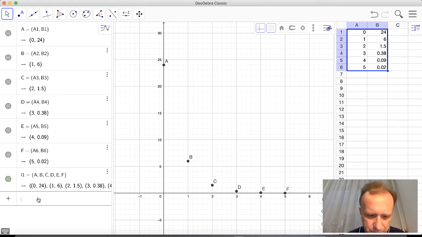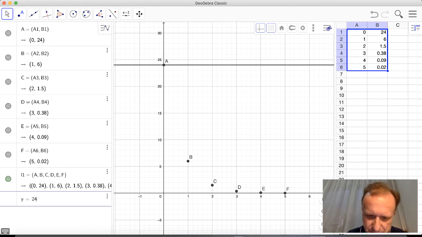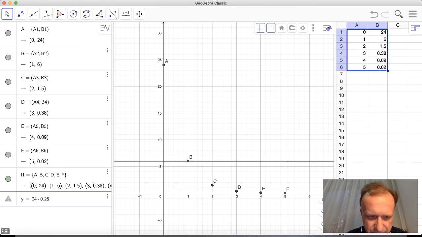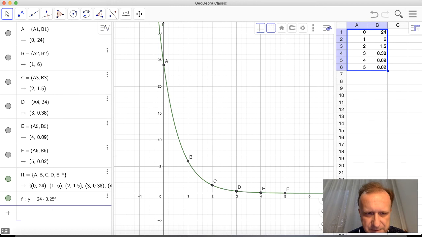Now I can also plot the function of I, so it's going to be y equals 24 times 0.25 to the power of x, like this. And this is the function. Actually, what I need in this exercise is only the part of this function represented by non-negative values of time.